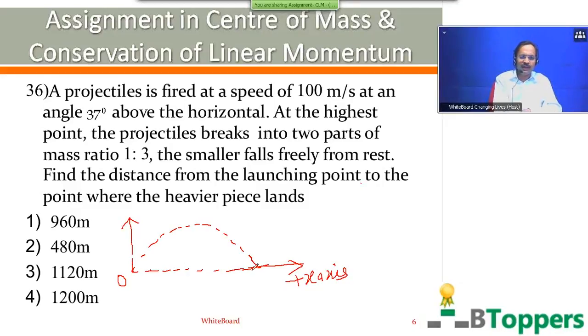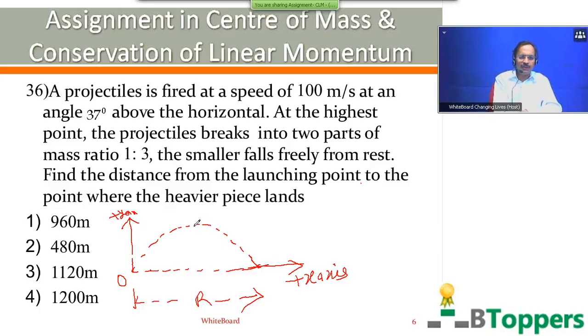Horizontal displacement of the projectile is along the x-axis. Vertical upward direction, take it as the y-axis. Let R denote the range of the projectile in case it does not explode.